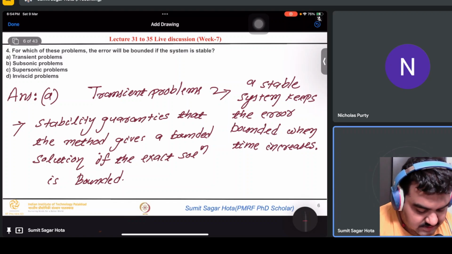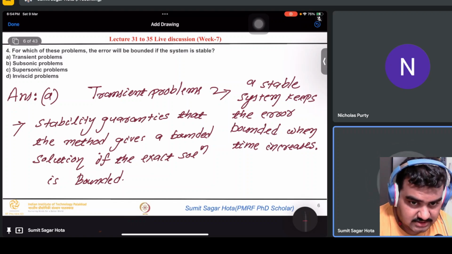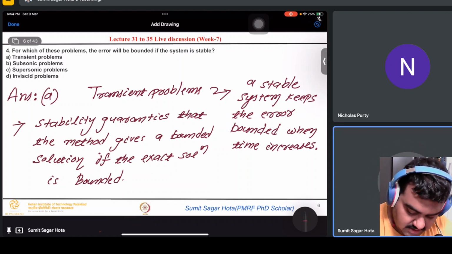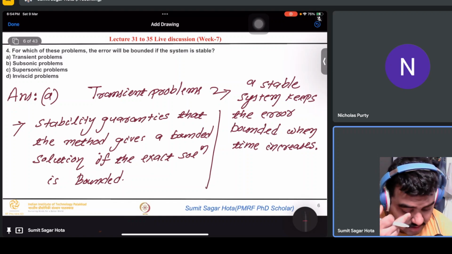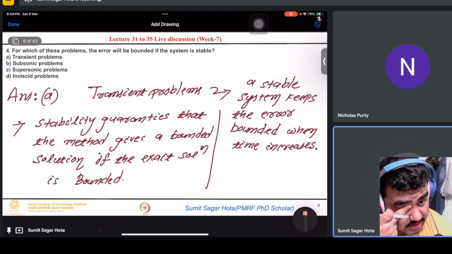The stability guarantees that the method will give a bounded solution, but only if the exact solution is bounded, then it guarantees that the solution is bounded.